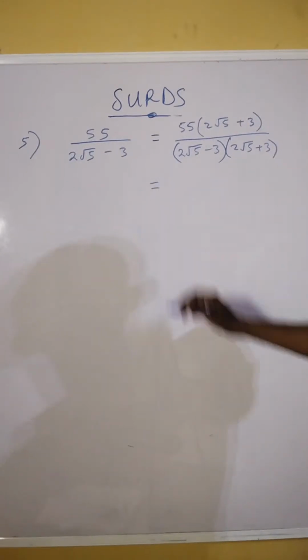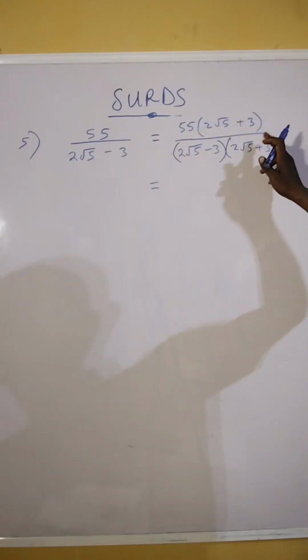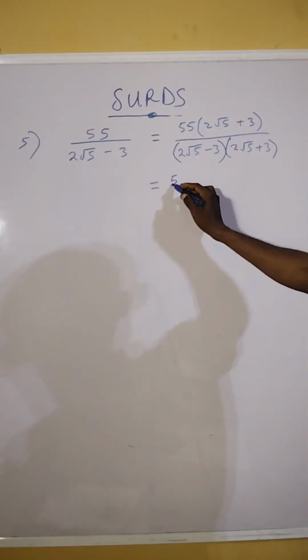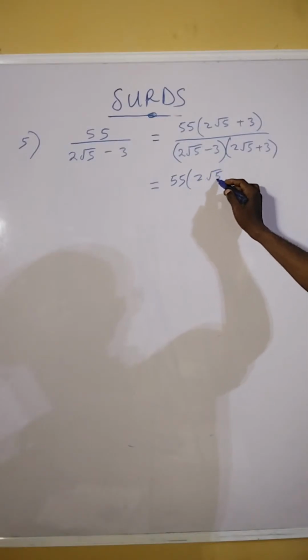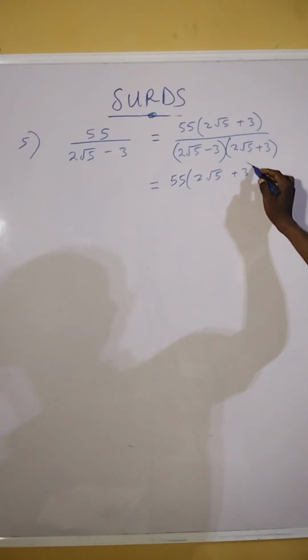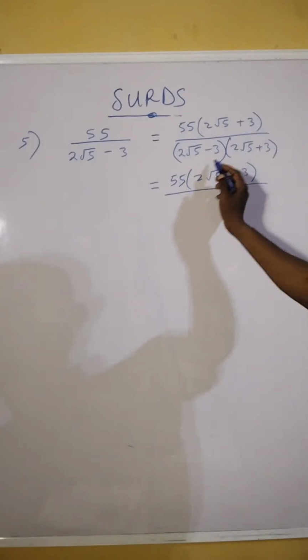then multiply by also 2 root 5 plus 3. That is here, 55, the constant, we can still leave it outside as 55 into bracket 2 root 5 plus 3. Then divided by, here we have conjugates as well.